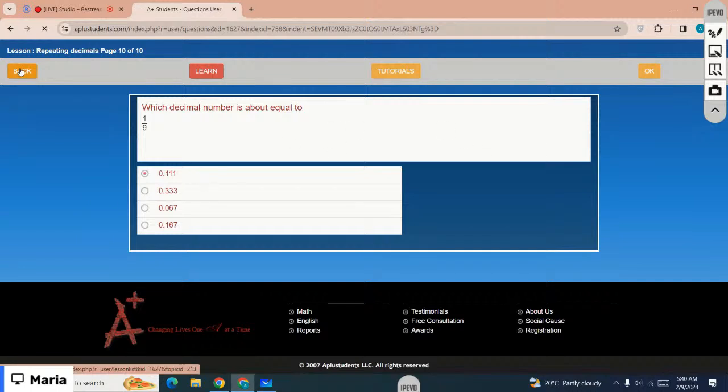Okay, you can complete the lesson by yourself later today. So we were working on grade 5 math.